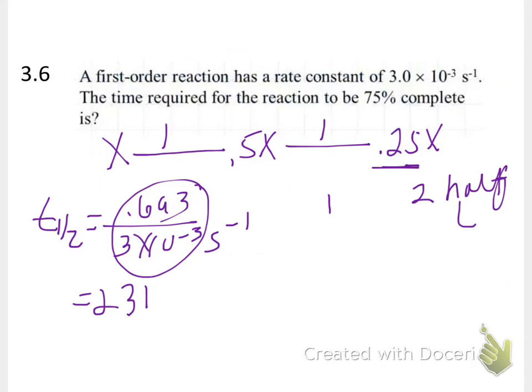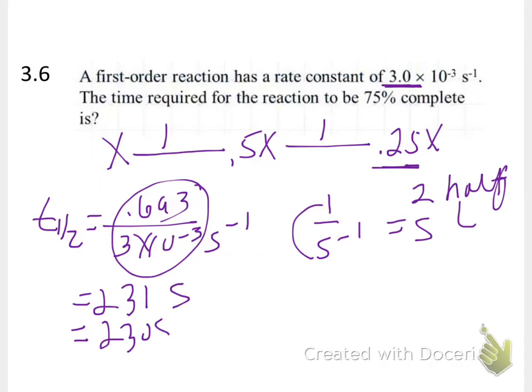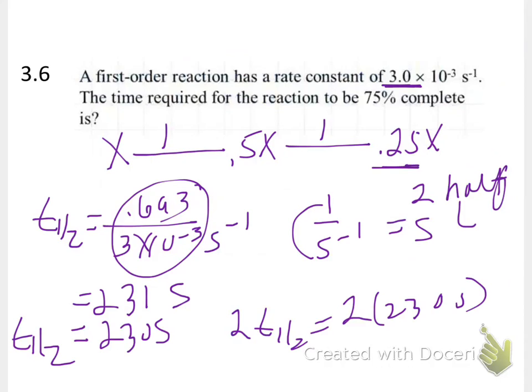Now, 1 over s to the minus 1, if I invert this, is the same thing as s, so that's seconds. I really only know this to 2 sig figs based on what's given, so that's 230 seconds for my half-life. But I want to know 2 half-lives, so that's 2 times 230 seconds, or 460 seconds.